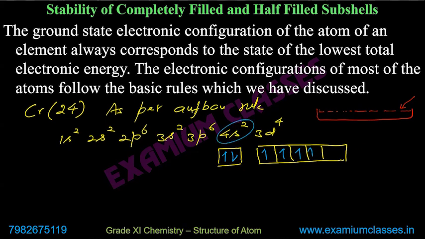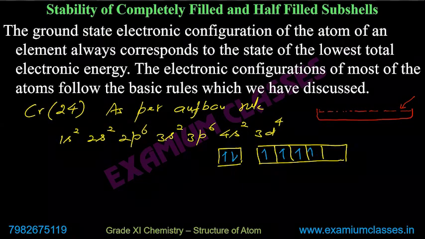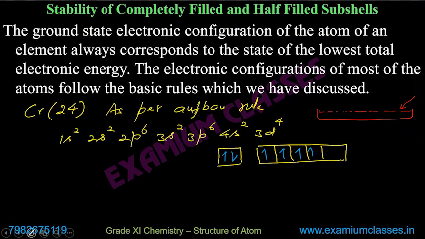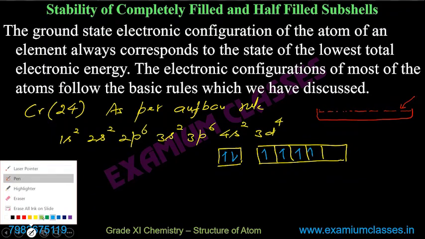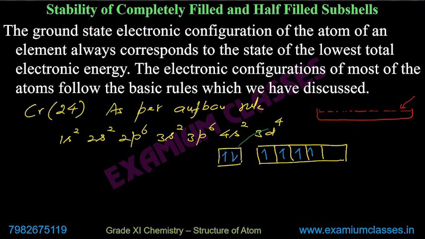So 2 electrons in S and 4 electrons as per Hund's rule of maximum multiplicity, singly occupied. But what happens, because half filled configuration is more stable, 1 electron from S moves to D. Now it can happen, as I said, that if possible, only then it will happen.